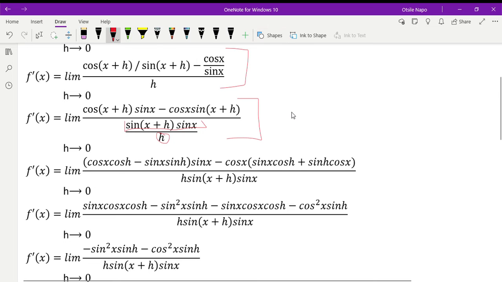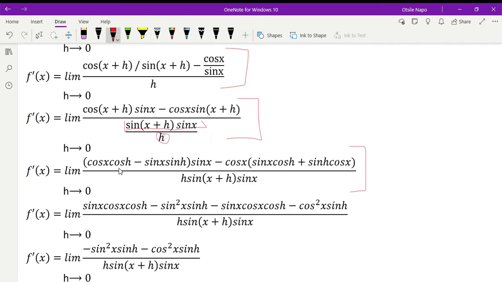Moving to another step, we elongate our cos x plus h. It has a special identity, which will give us cos x cos h minus sine x sine h.